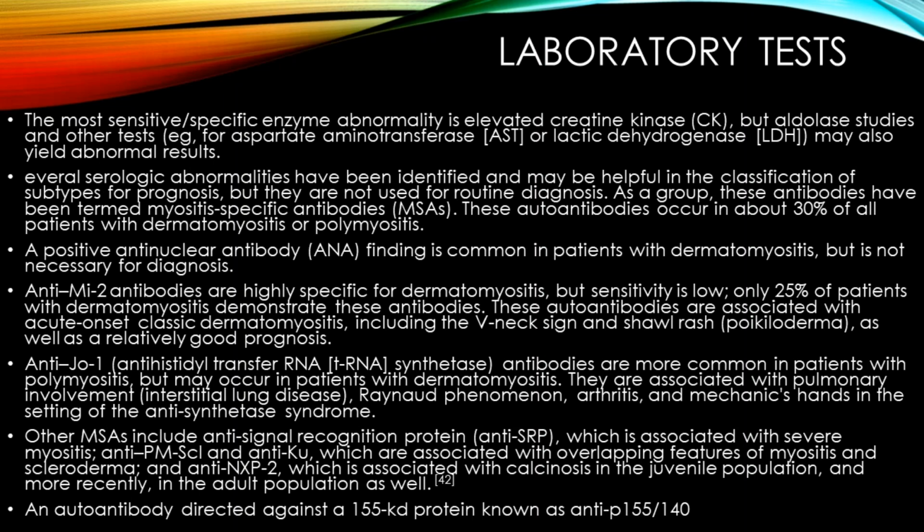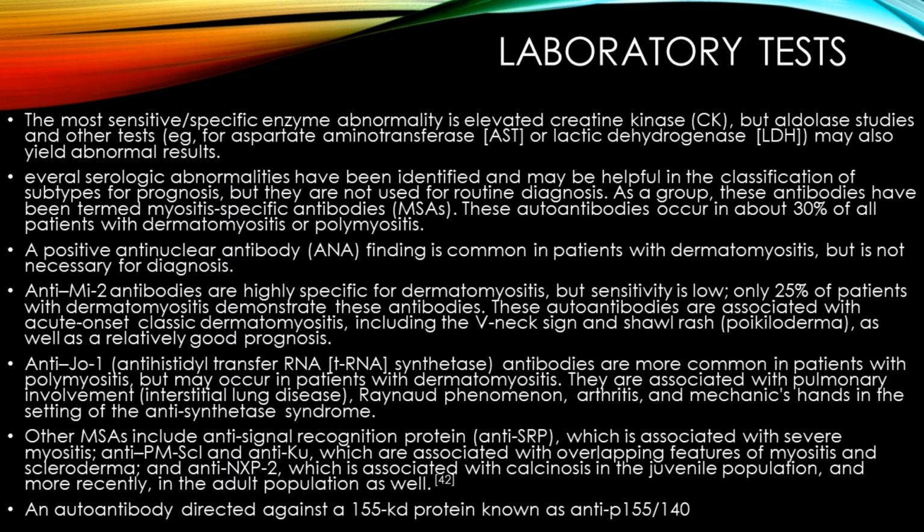Anti-Mi2 antibodies are highly specific for dermatomyositis, but sensitivity is low. Only 25% of patients with dermatomyositis demonstrate these antibodies. These autoantibodies are associated with acute onset classic dermatomyositis, including the V-neck sign and shawl rash, as well as a relatively good prognosis.